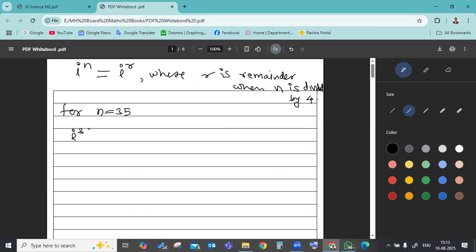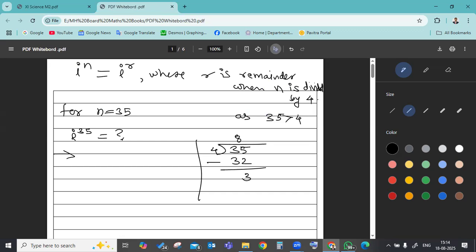What is its value using this formula? For that, you need to divide 35 by 4, as 35 is greater than 4. 4 nines are 36, 4 eights are 32.